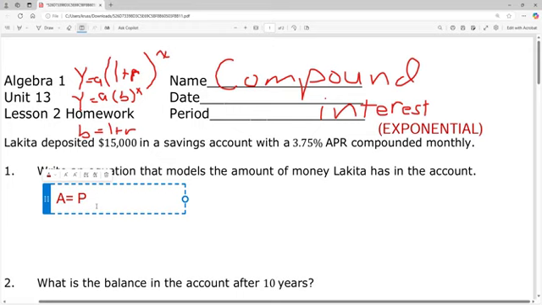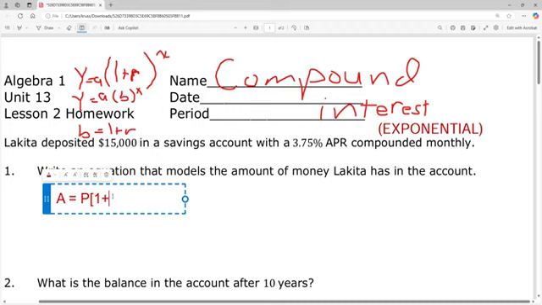That's your starting point. Okay, so they just put it in financing terms. Plus your growth rate, and your growth rate here is going to be 1 plus your APR, which we say R.